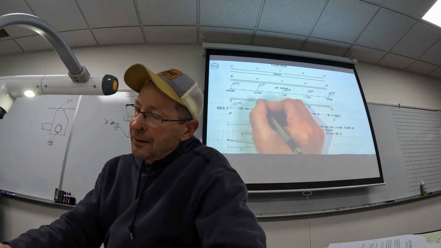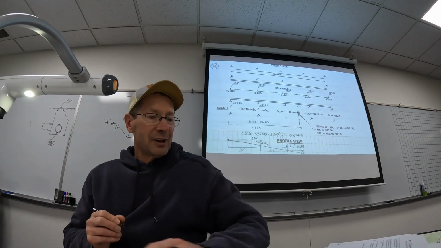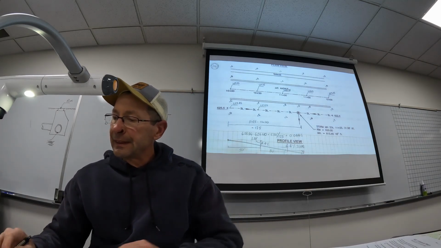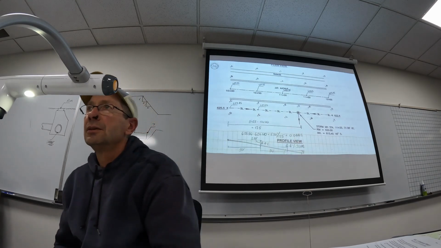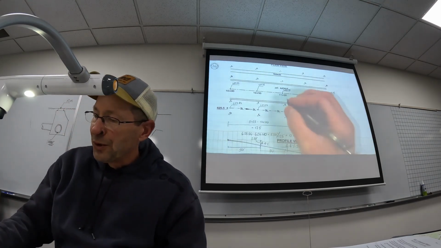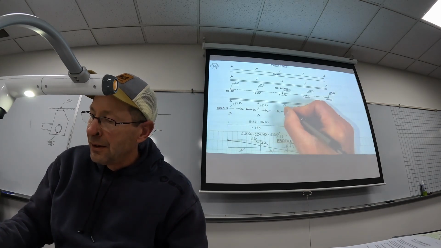I like it. Everybody got that? I know we're punching numbers here real quick. Everybody see how we got proposed ditch? How about the next one? What would it be at 11+00? 625.05.